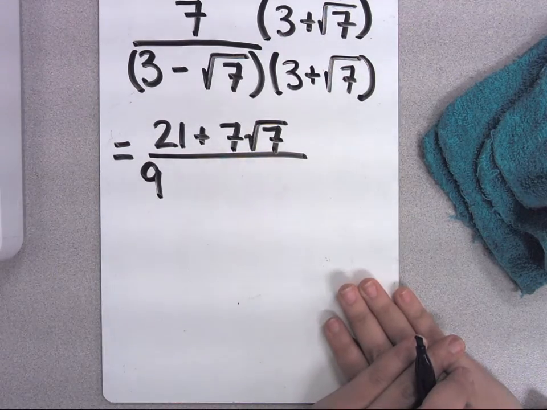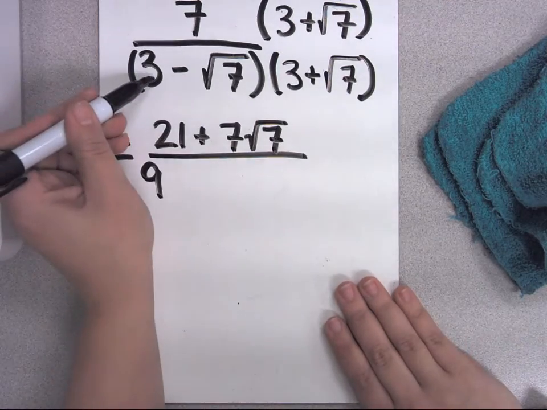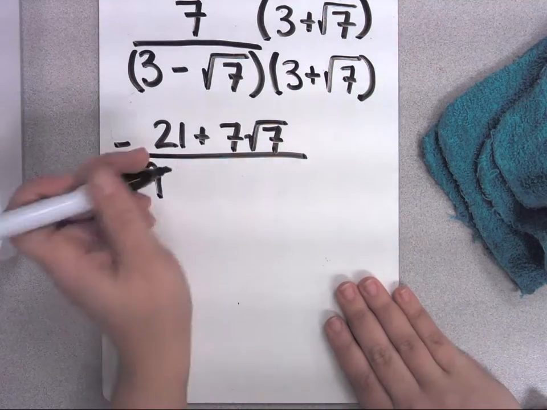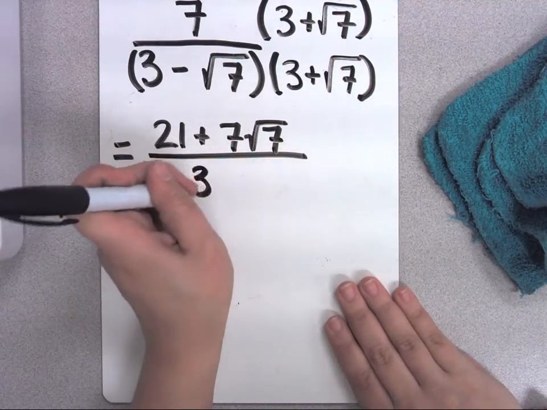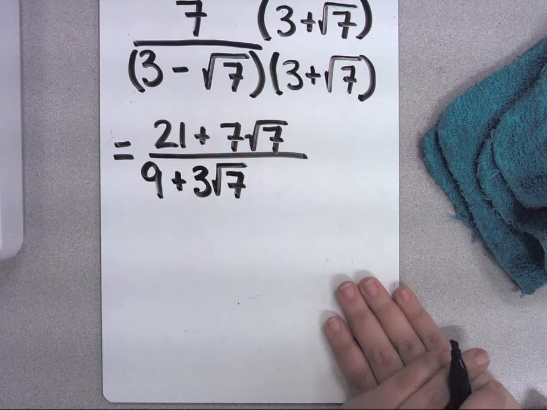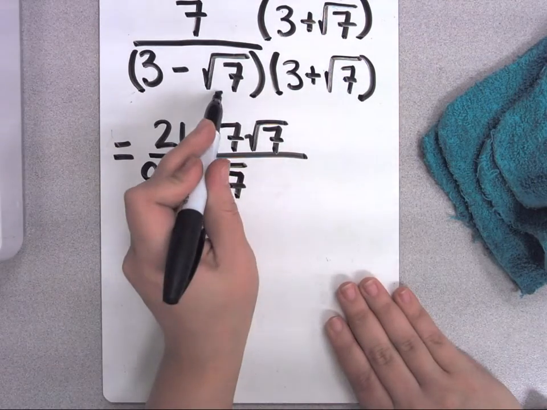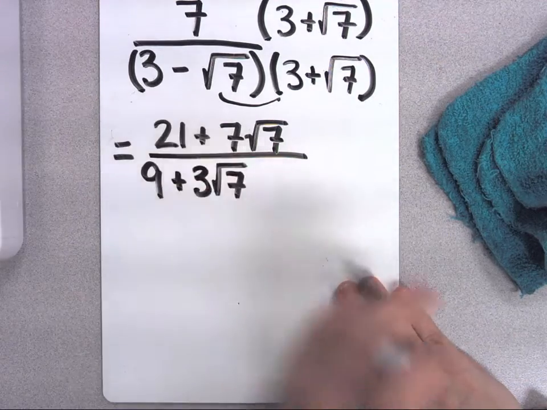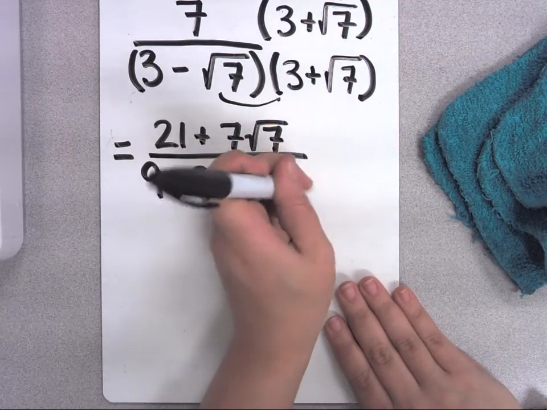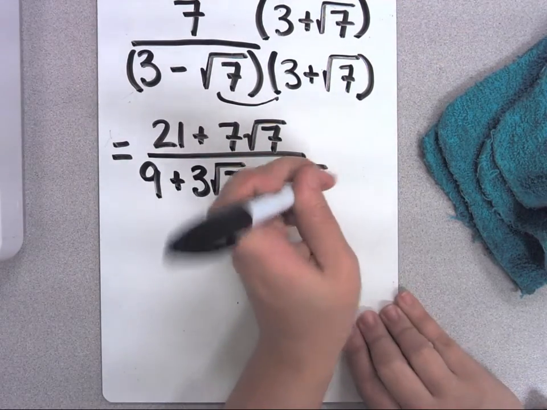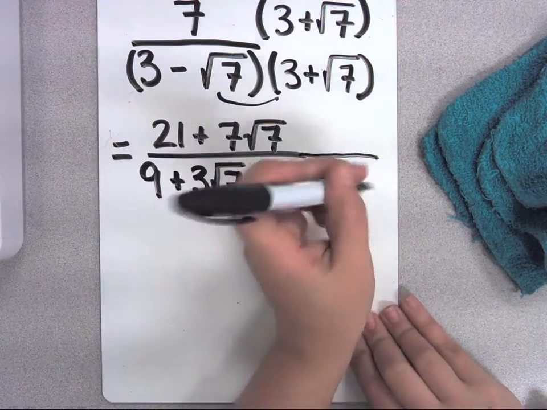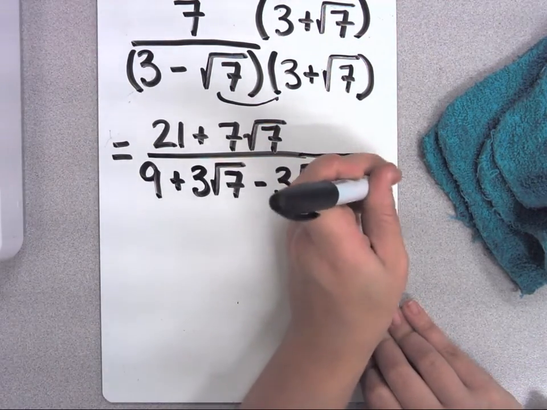Outer. Oh yeah, but what's the answer? Nope. Outside times outside. Plus 3 square root 7. Inside times inside. Yep, negative 3 square root 7. And last, yep, negative square root 49.